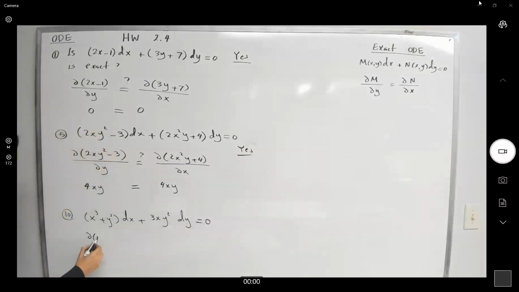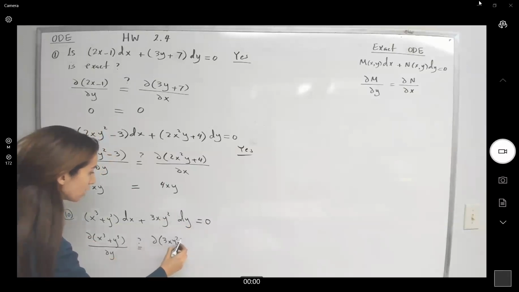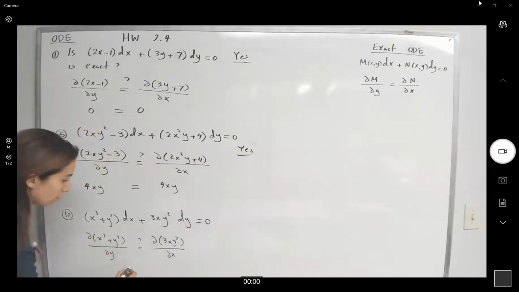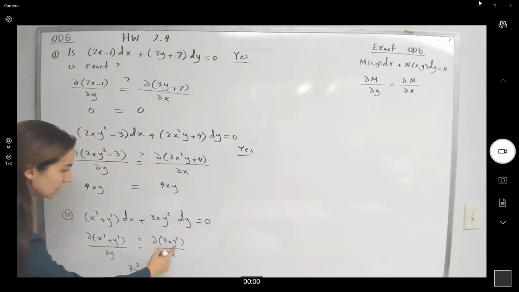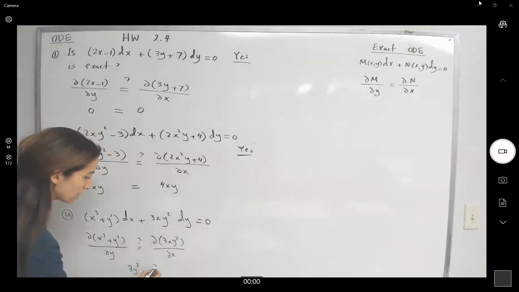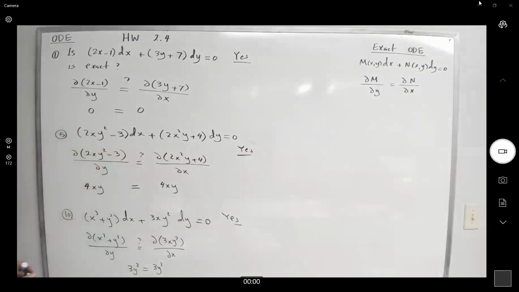Taking the partial derivative of M with respect to y equals the partial derivative of N, 3xy squared, with respect to x. With respect to y, x cubed is just 0, and then you get 3y squared. On the right-hand side, if you're taking the derivative with respect to x, you end up with 3y squared. Are they equal to each other? Yes. So we have another exact differential equation.